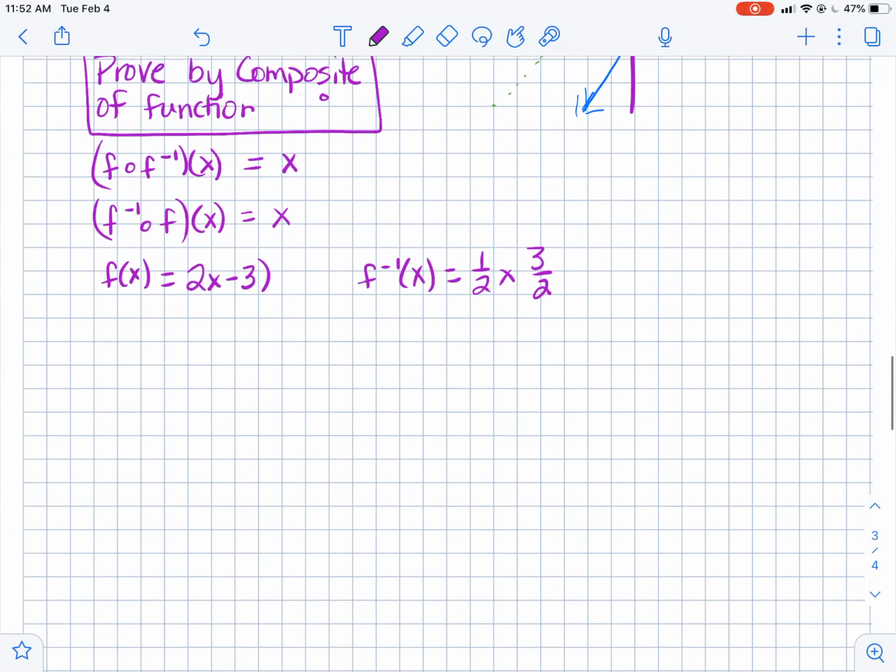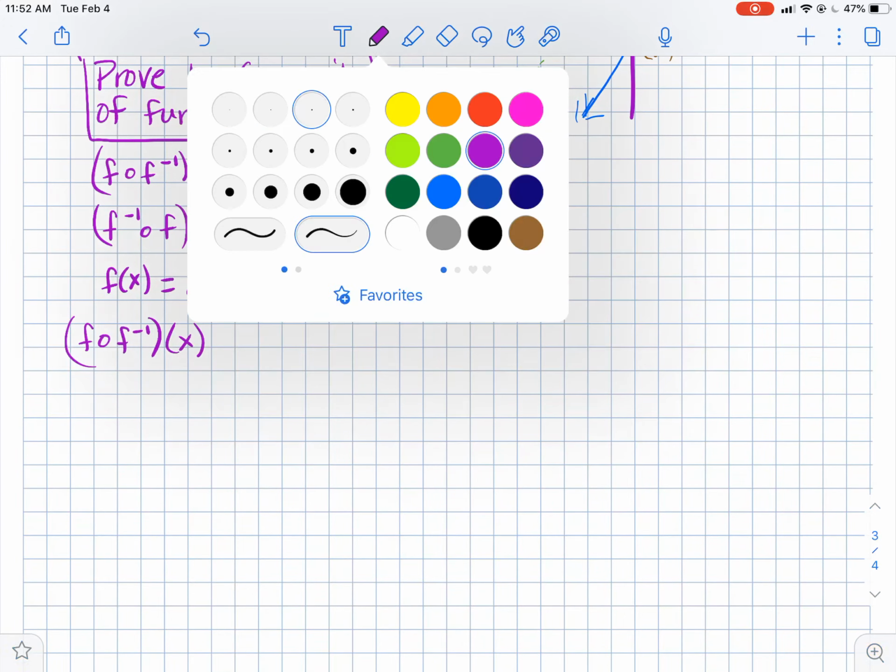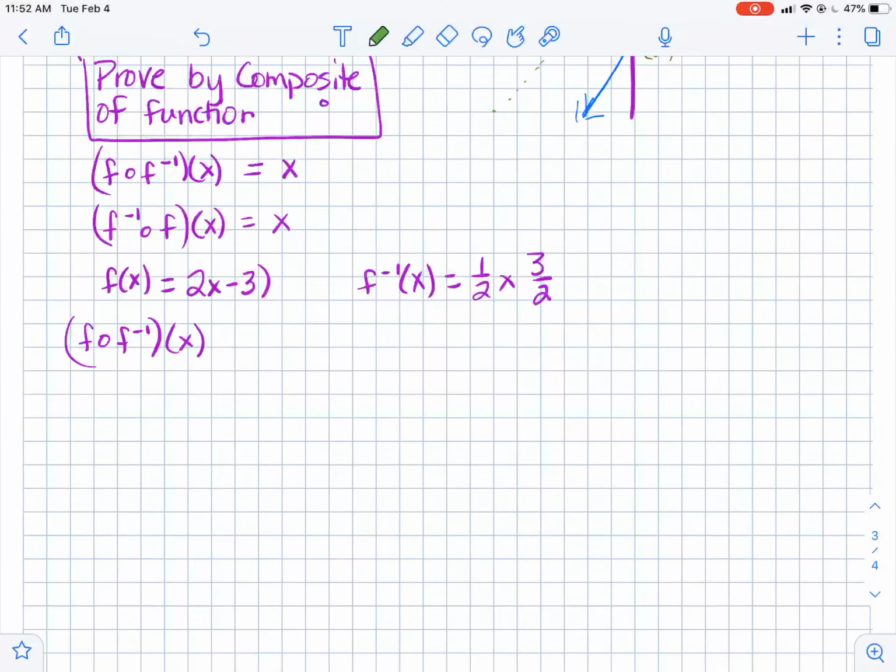The first thing that I'm going to do is f composite f inverse of x, and you do have to be sure you put those in the correct order. What this is telling you is you're going to take your f inverse and put it into your f.